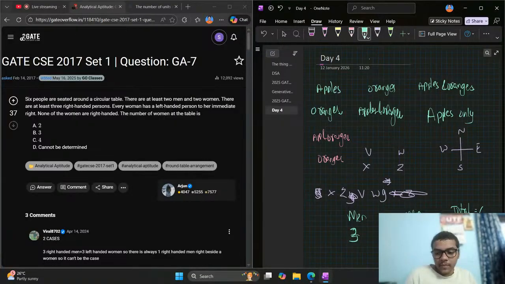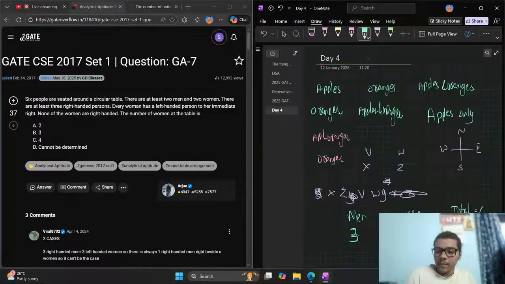Wait, this is her immediate right, this is her immediate right. Oh, nice. And now, none of the women are right-handed. The number of women at the table: 2 women are known to be determined. The other one can be a woman.